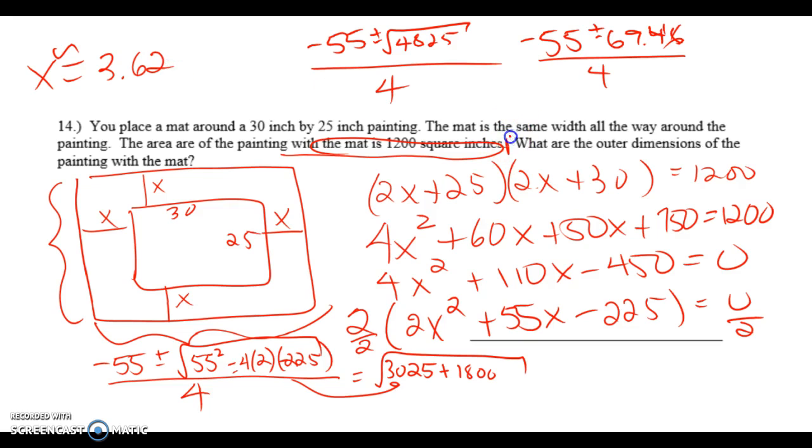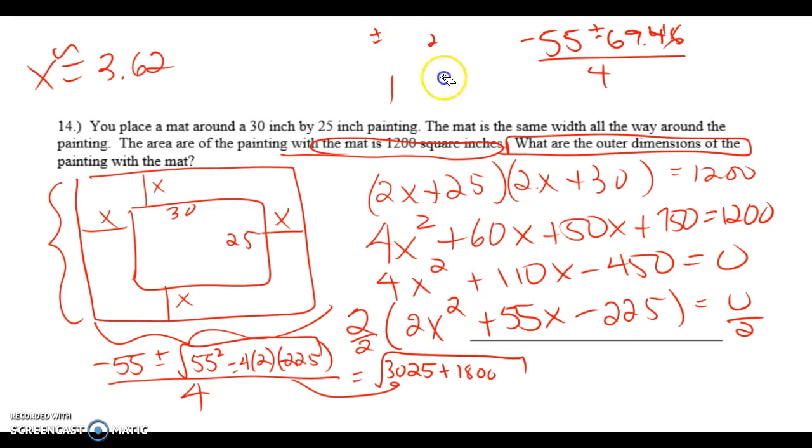Well, this is what the question asked. You always have to go back and say, what did the question ask? And it asked, what are the outer dimensions of the painting with the mat? Well, one side is 25 plus 2 times x, and the other side is 30 plus 2 times the x, right?